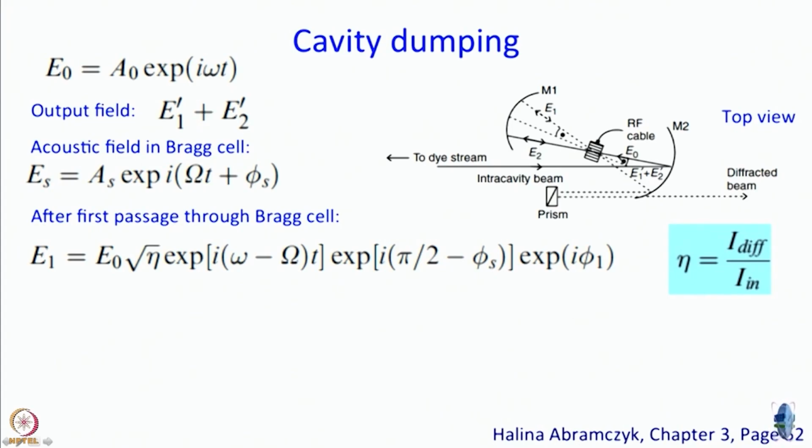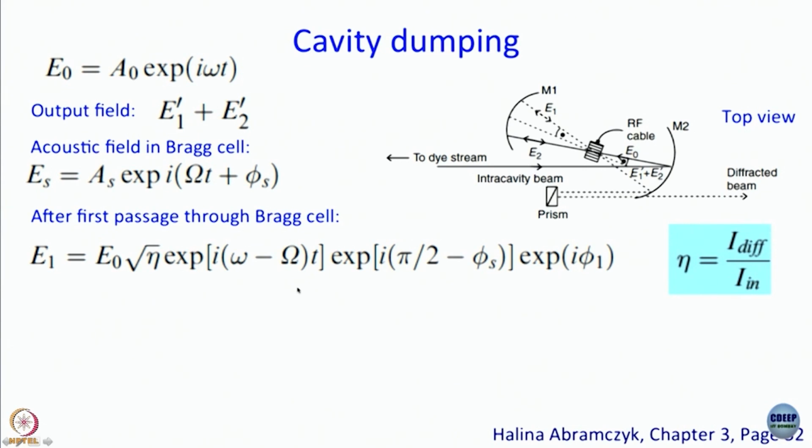Let us see what every factor means. E0 we have talked about already. What is eta? Eta is the ratio of intensity of the diffracted beam divided by intensity of the input beam, all right. So, this is ratio of intensities. Here we are talking about field E1.